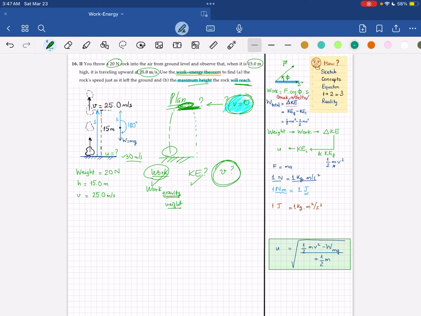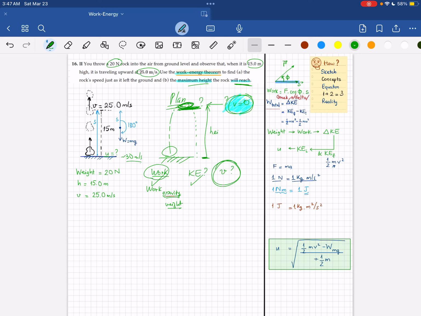So in order to apply the work energy theorem, we need to find two different time points, initial and final. And then we can see how the work has been done through that, and how much displacement there has been. So I could say if they try to find the maximum height, then it could be the distance from the ground up to this point when velocity is 0, right?